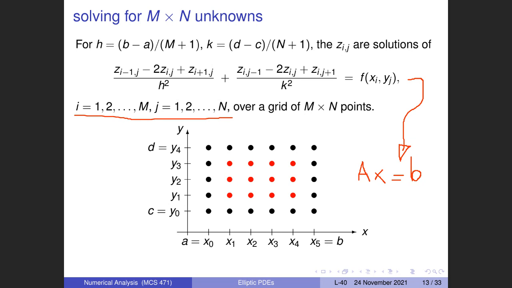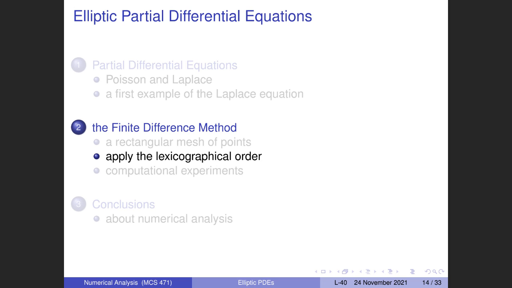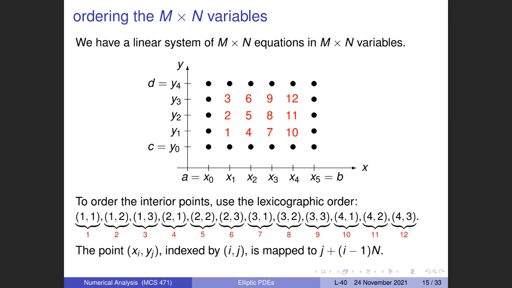How are we going to do this? We are sorting things, and we're going to sort things in the dictionary way. So think about sorting names. We are going to sort pairs of indices in the lexicographical order. That's the standard order.